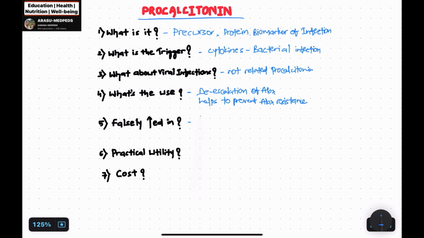And there are some situations where it is falsely elevated. Commonly, it is elevated in sepsis, mainly bacterial infections, but in some situations like trauma, burns, malignancies, cirrhosis, or some cardiogenic shock, even in CKD, we can expect falsely elevated levels of procalcitonin.